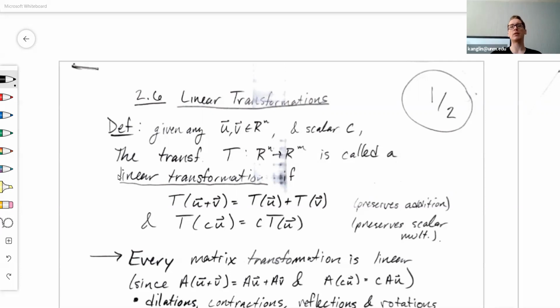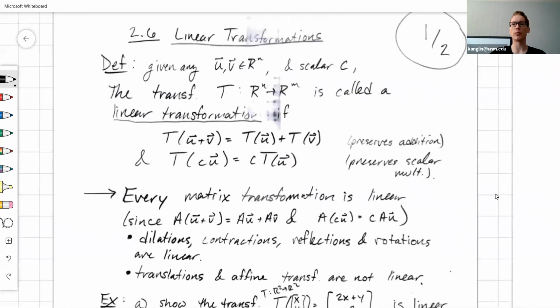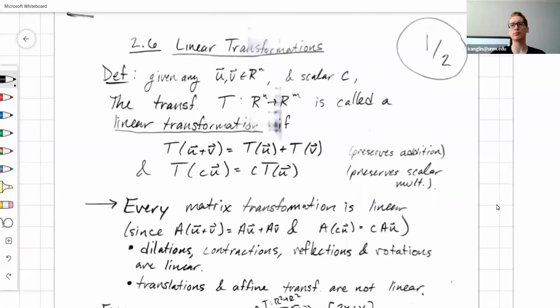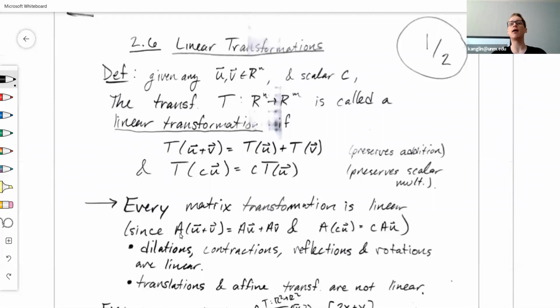So this is what we mean by a linear transformation, and we'll see why these transformations that are linear are very useful in a lot of ways. Anyway, linear transformations preserve addition and scalar multiplication in the sense described here by these two requirements. So here's why we really studied matrix transformations. It turns out every matrix transformation is a linear transformation.